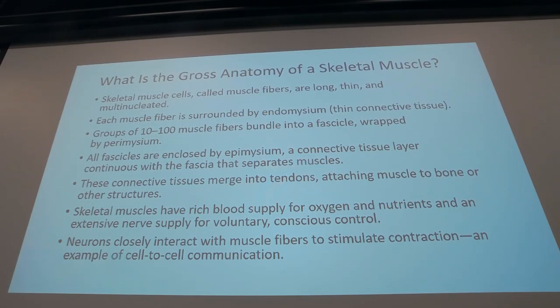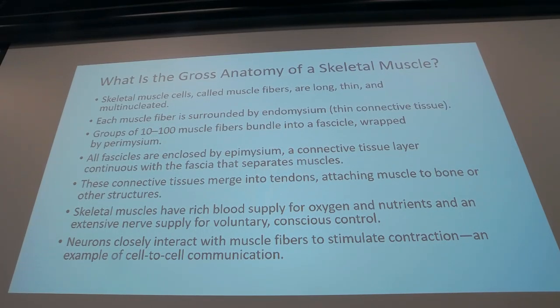And this fascicle is surrounded by connective tissue, a membrane that we call perimysium. Peri means around, and mysium, muscle.